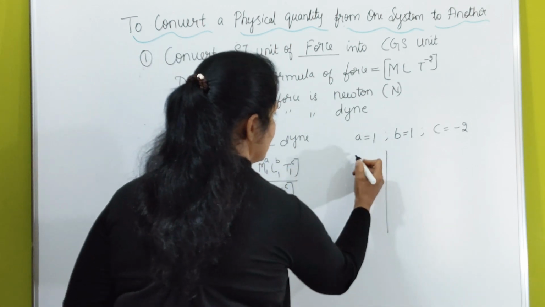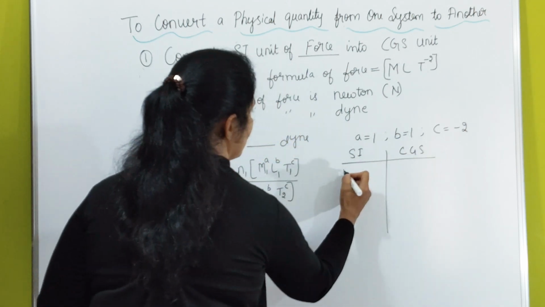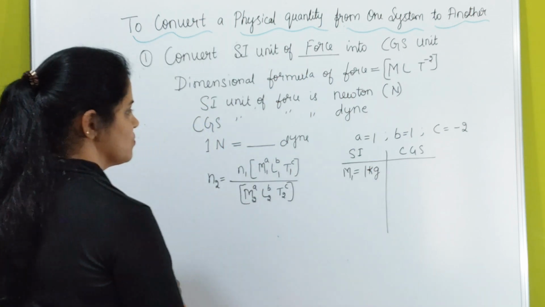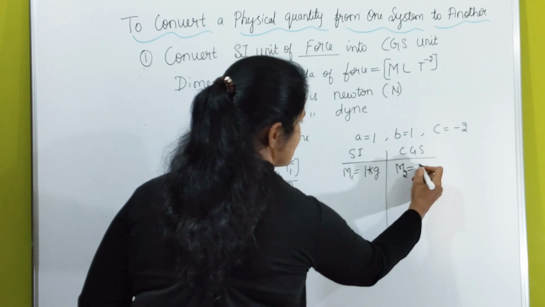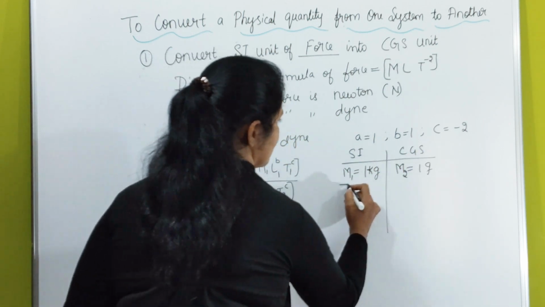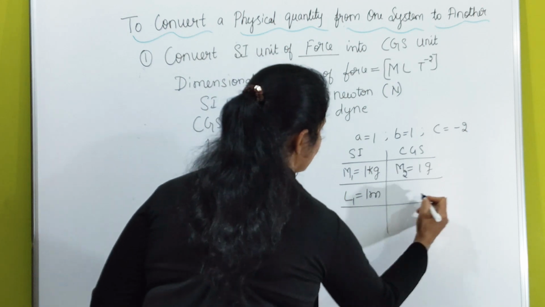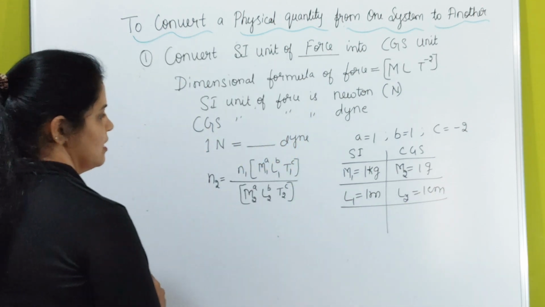First let us write in SI: M1 is mass, 1 kg, whereas M2 is mass in CGS, that is 1 gram. L1 is length, in SI it is 1 meter, and L2 in CGS is centimeter.